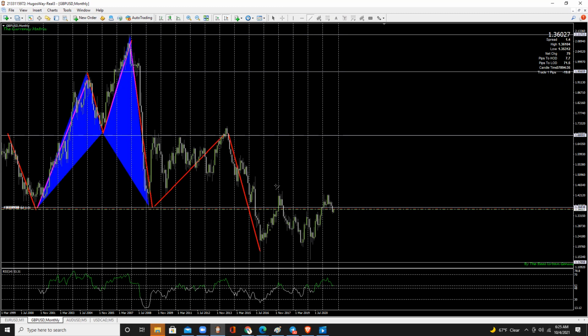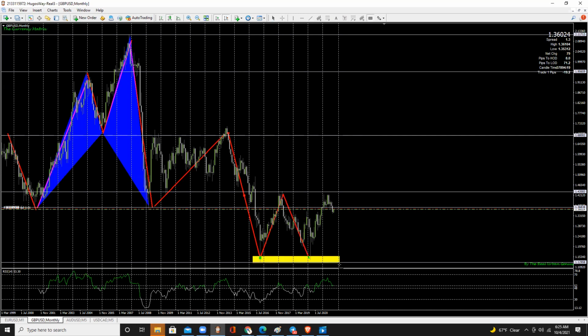From here, we swung back up to here. From here, we swung down to here, creating a double bottom or a supportive level. Here with these two highs, now you can see we're in a range.